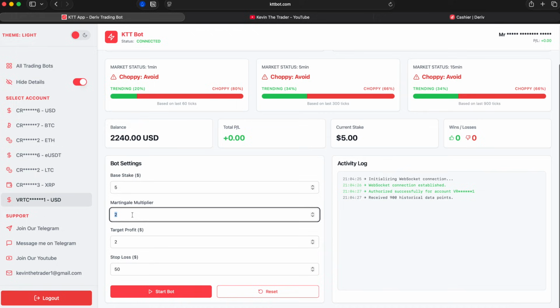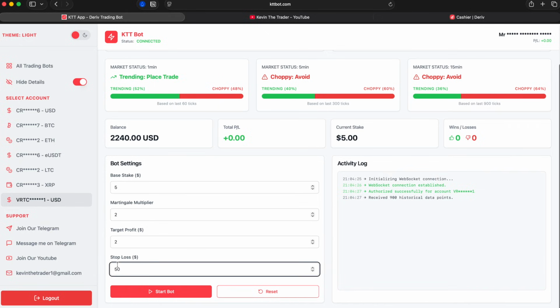Something like 2 is okay, because when you lose like $5, it will multiply $5 by 2, so your next stake will now be $10. If your account here is 50, then it will be detrimental if you use a bigger martingale.